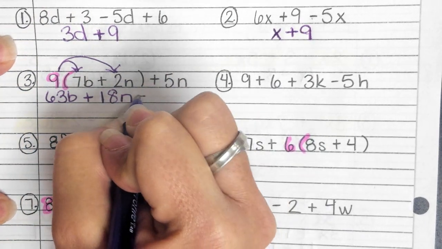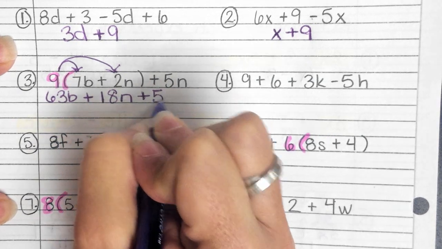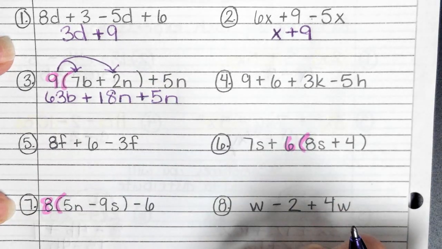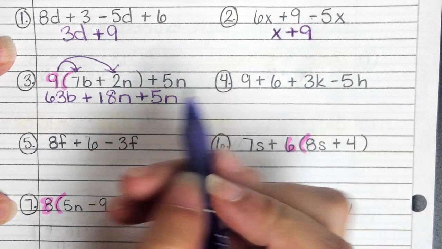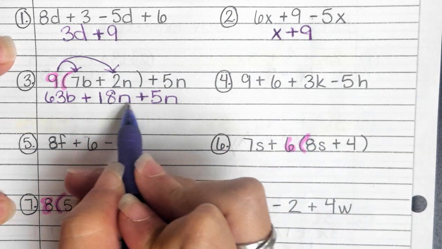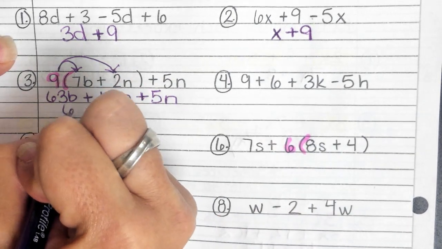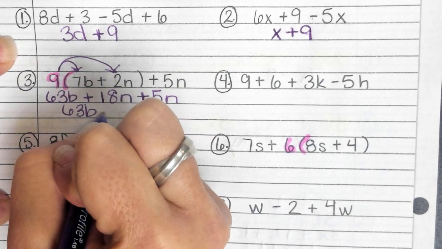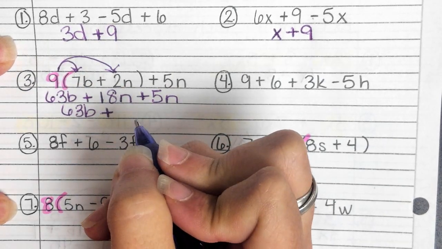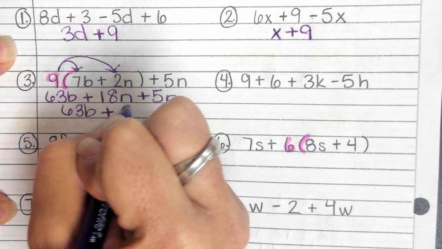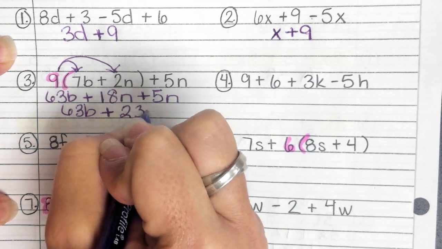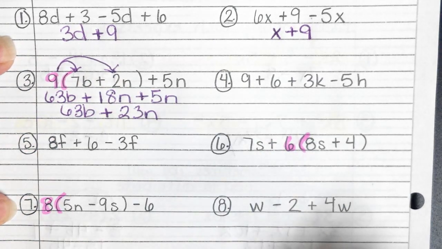I'm going to copy the rest of it, which is plus 5n. Okay. I now can combine these. So 63b plus 23n. Okay. Good on that one?